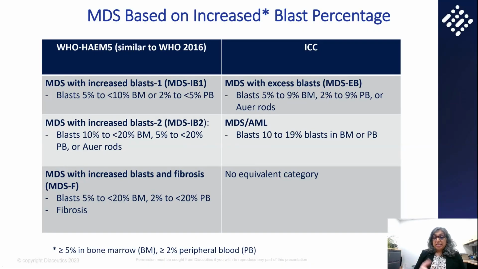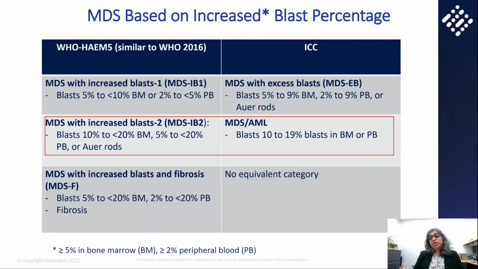So this category does not exist in the WHO 5th edition. MDS/AML in ICC corresponds to MDS with increased blasts 2 in the WHO 5th edition. ICC does not have an equivalent category for MDS with increased blasts and fibrosis.